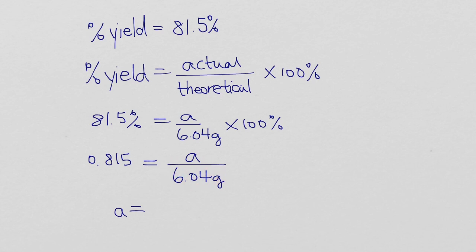So actual yield equals, if we isolate this variable, we have to multiply 6.04 over to the other side. 0.815 times 6.04 grams equals, and I have no idea why I wrote 0.814, I should be writing 0.815, 4.92 grams.